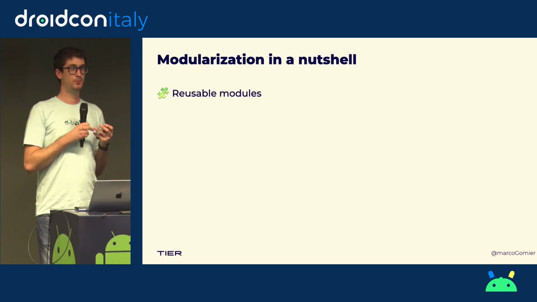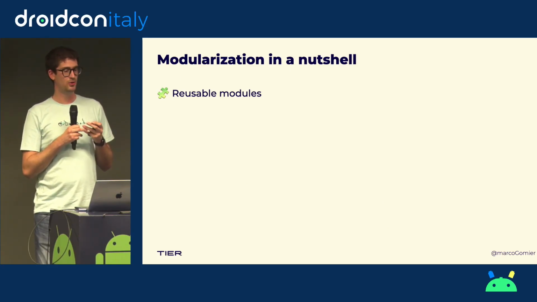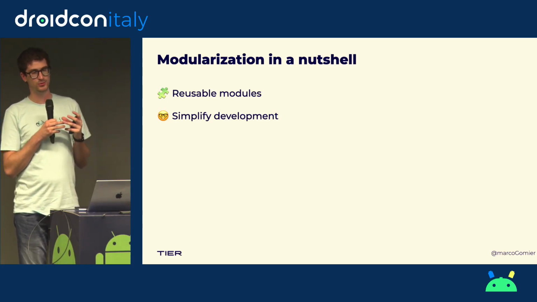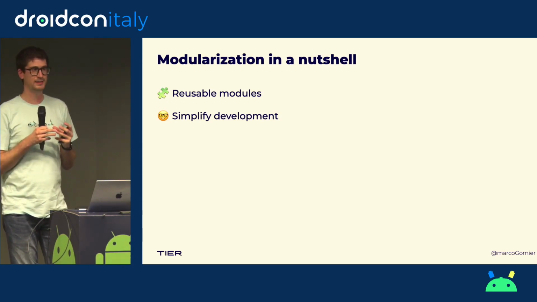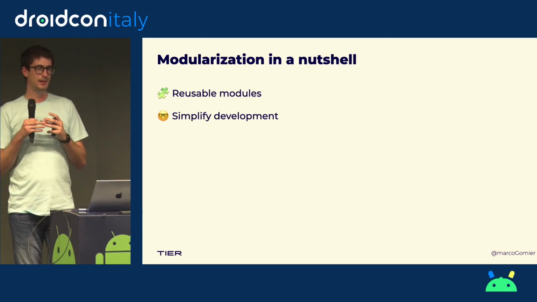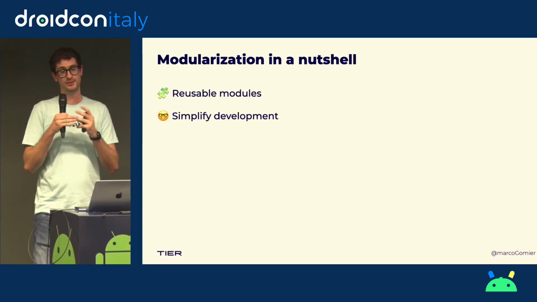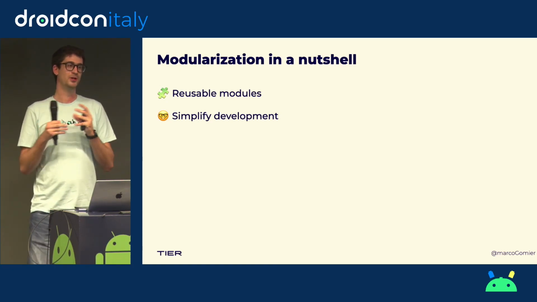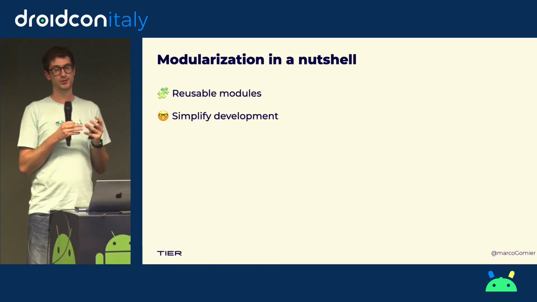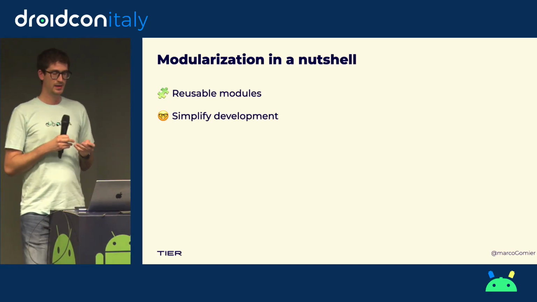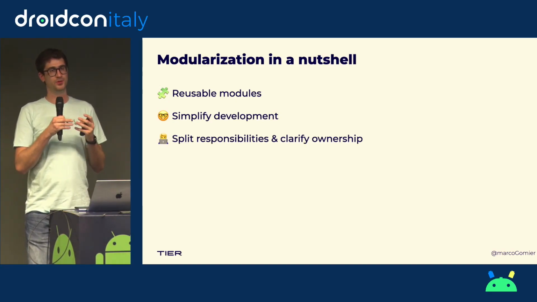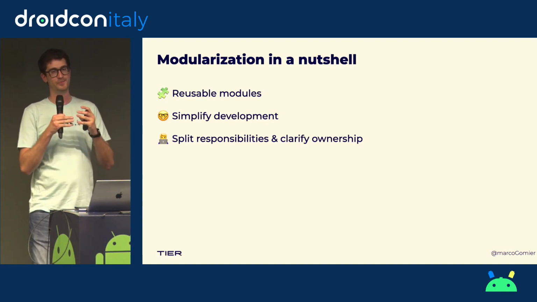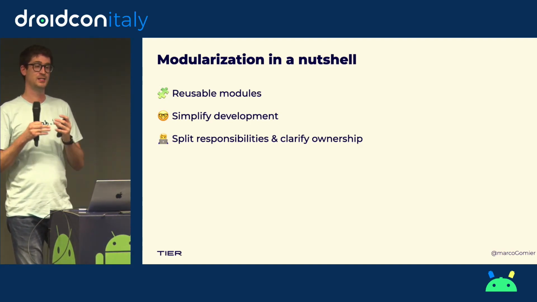Because with multiple modules, you also simplify the development, because you need to be careful on how you plan your architecture, because you need to separate your code. You need to have cleaner interfaces in order to let other users use the code. And with that, you also earn a clear ownership, because a specific team can own a specific module.